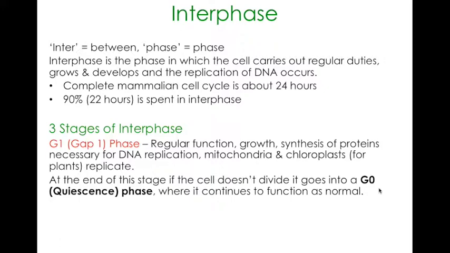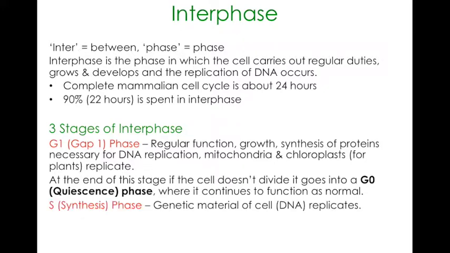This means it enters into a perpetual state of normal function. It'll carry out its duties for the rest of its life cycle, and it doesn't intend to divide, which means it's not going to replicate its DNA, and it's not going to produce the necessary proteins for mitochondria and chloroplast to replicate because it doesn't need to. It's just going to continue on its regular function.